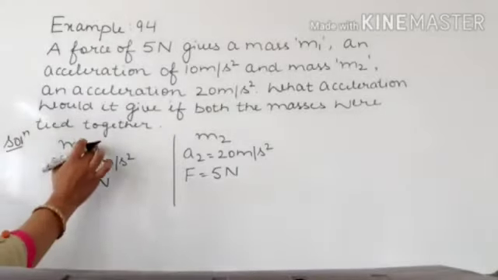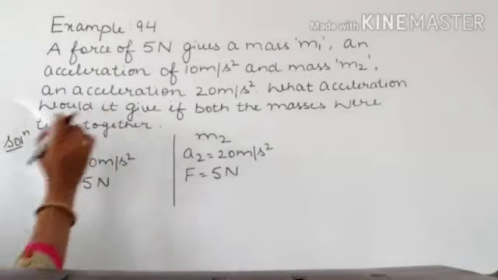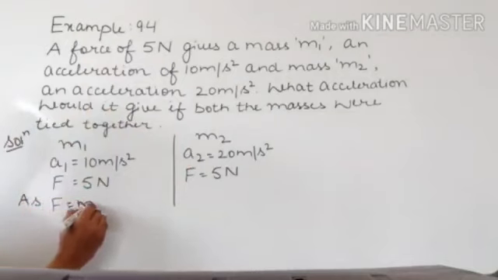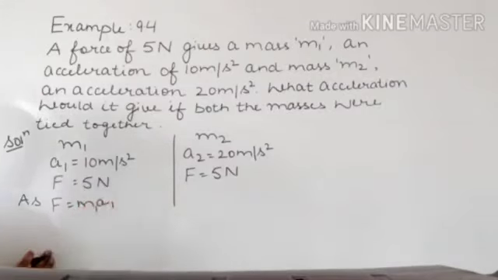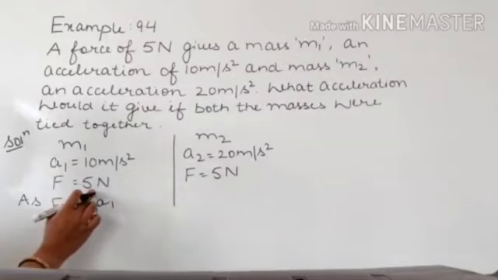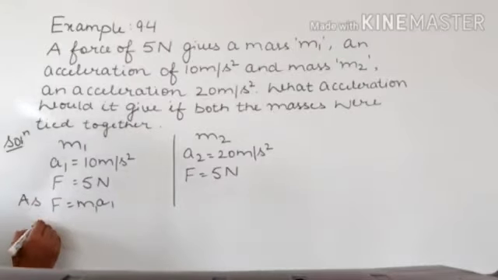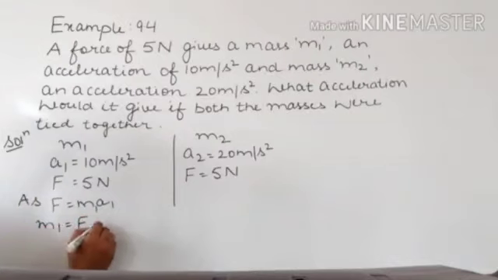First of all, we have to find out the values of these masses. As we know, force is mass multiplied by acceleration. So here, for mass m1 and acceleration, we have the force 5 newtons. With the help of this expression, we can find the value of m1. m1 is F divided by a1.